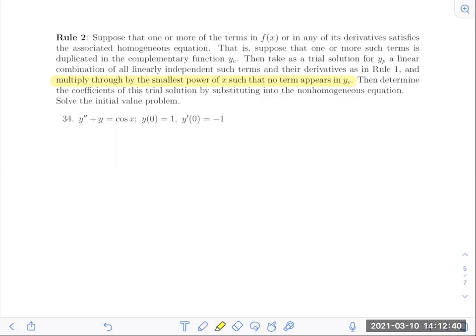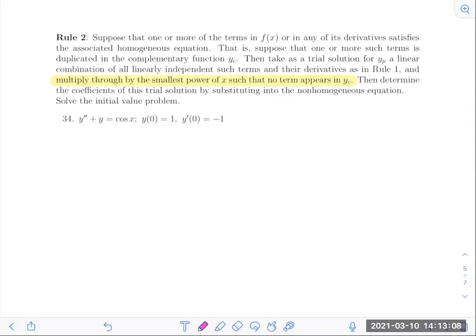Instead of just taking e to the rx for root r, we had to incorporate a c1 plus c2x plus c3x squared, et cetera, up until the number of duplication. So we're doing a similar thing here by multiplying through by x. Then determine the coefficients of this trial solution by substituting into the non-homogeneous equation. That's our main difference.